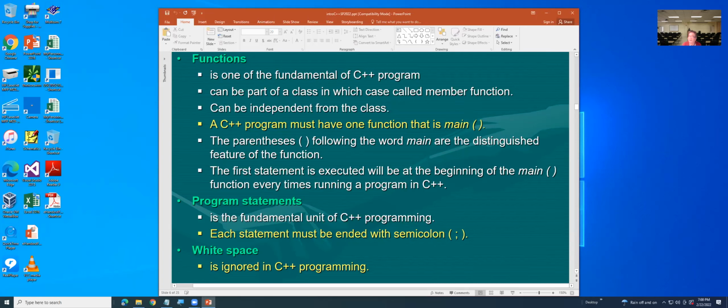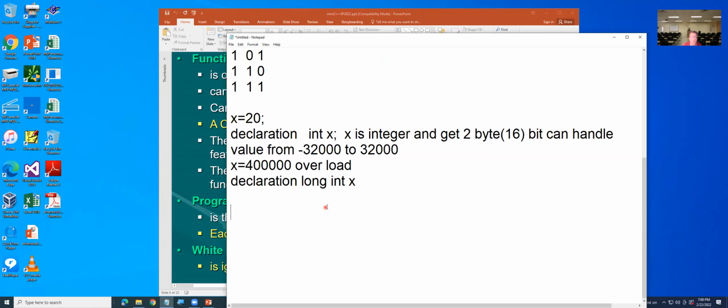Now, I can tell you, if you say integer A, then you get a syntax error. Why? The thing is, you're missing the semicolon.